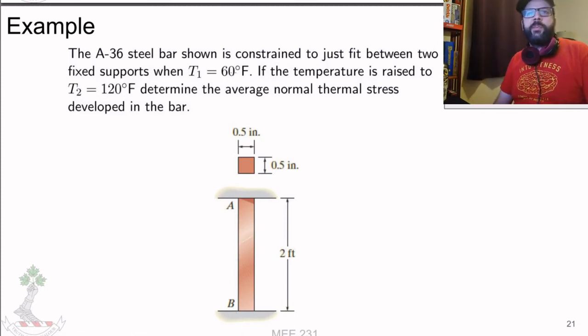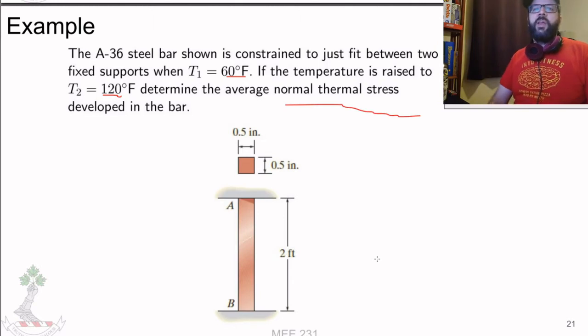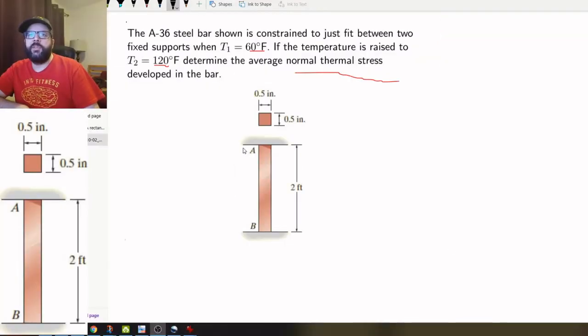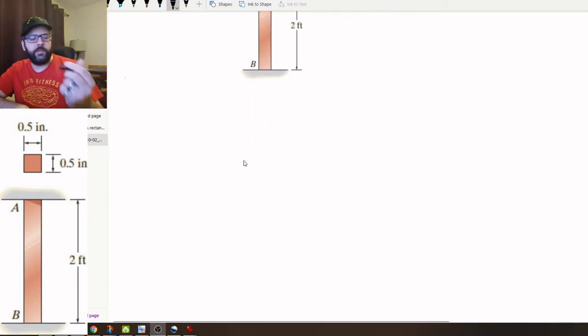So we increase it from 60 to 100, and we want to figure out what sort of stresses are induced as a result of that. So if we have this bar here, it's expanding based upon the temperature raise, but it's restrained from doing so due to the supports. Now let's draw a free body diagram of that guy.